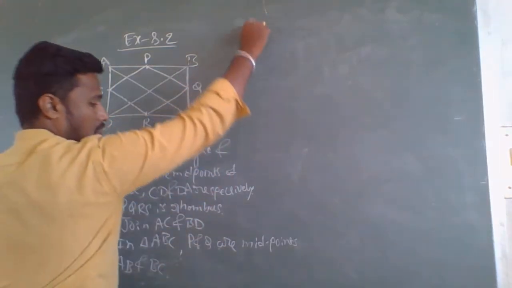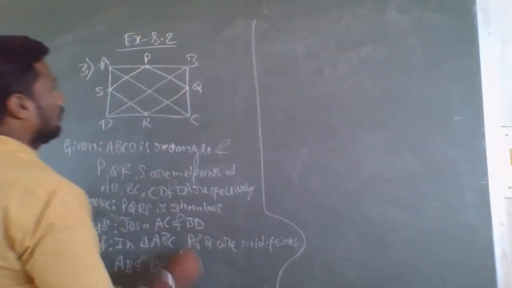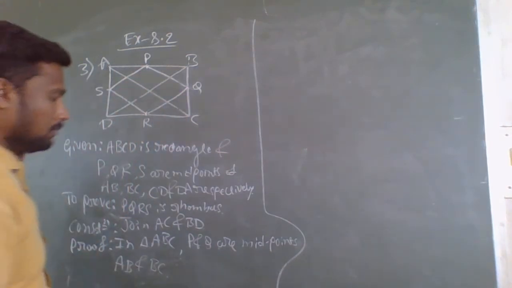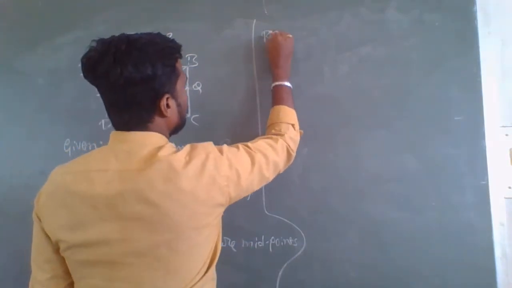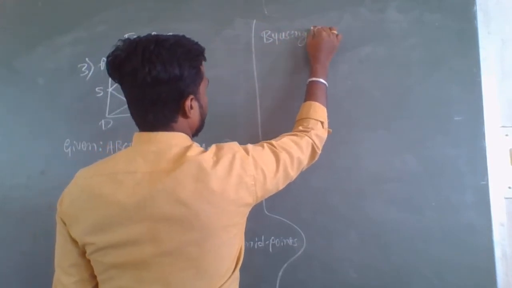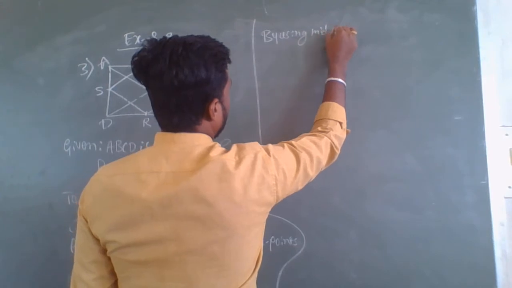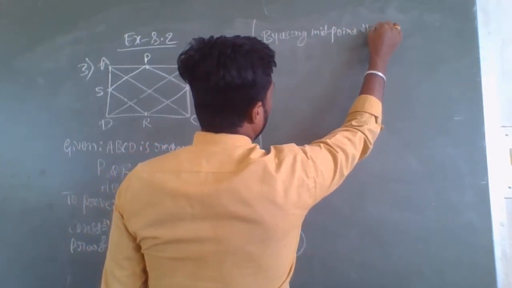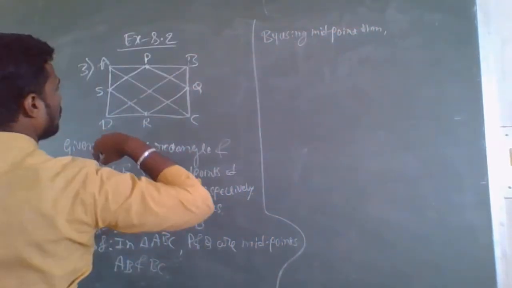So now if you join PQ, by using the midpoint theorem, what can you write here?